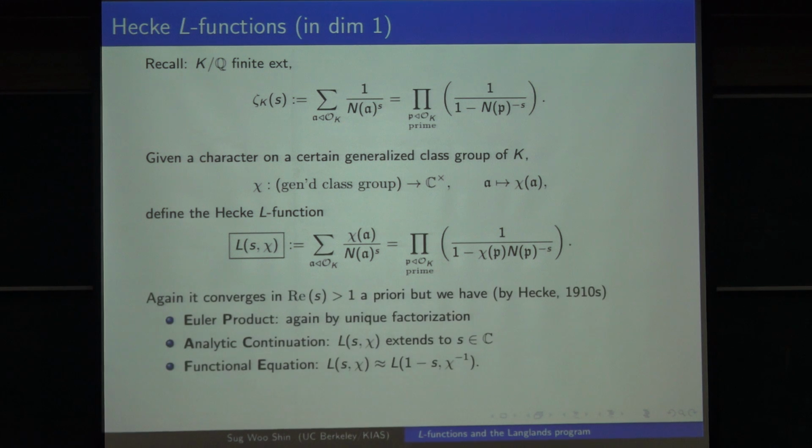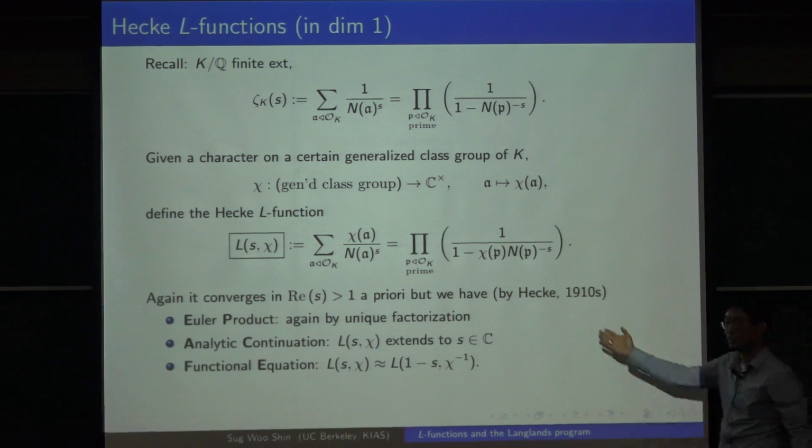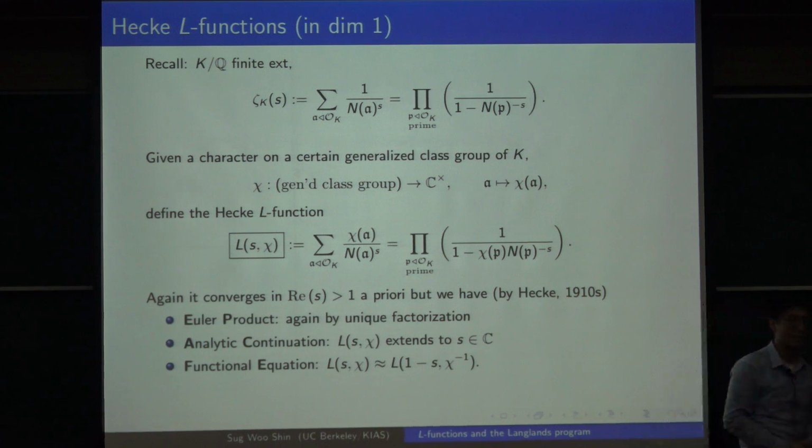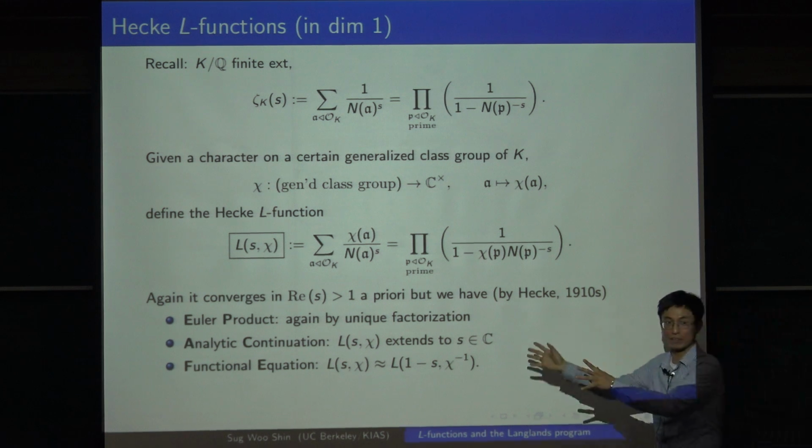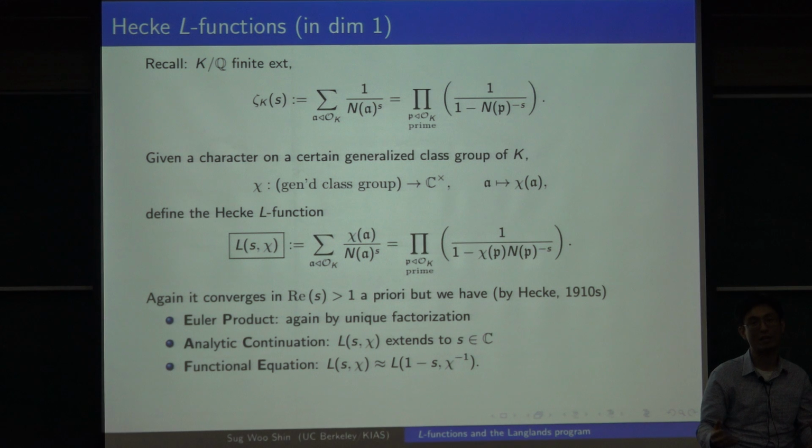And you can prove the same properties in this generality. In this generality, it was done by Hecke in the 1910s. And so, Euler product, analytic continuation, and functional equation. It's good to keep in mind these three properties usually satisfied by nice L-functions.